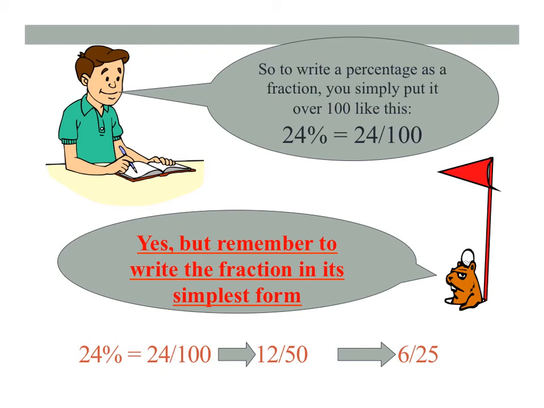So 24% is really written as 24 out of 100, which then simplifies to 12 over 50 or 6 over 25. That's the simplest form. You must have the simplest form, always. Simplified form is the correct form. If you were to tell me 24% is 12/50ths, that would not be correct because it's not in the simplest form.